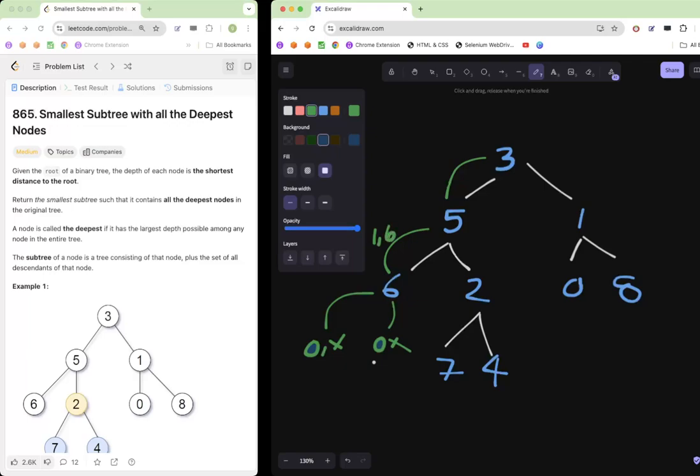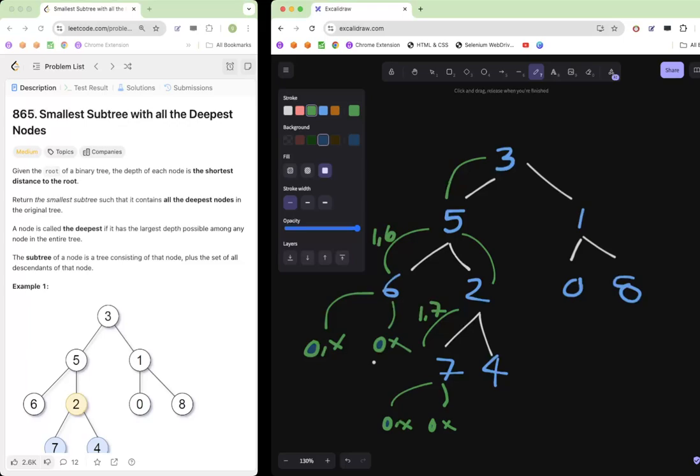And 6. Okay, and then the right has a left, we go left, left once again, this is none. So then we go back to the parent, we go to the right, this is 0 and none, same height, so we return here 1 and 7.